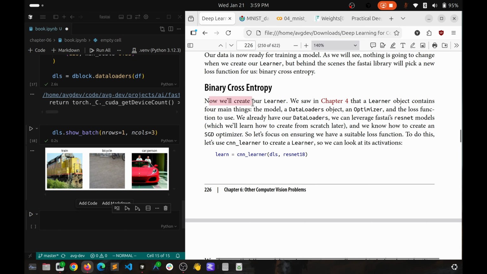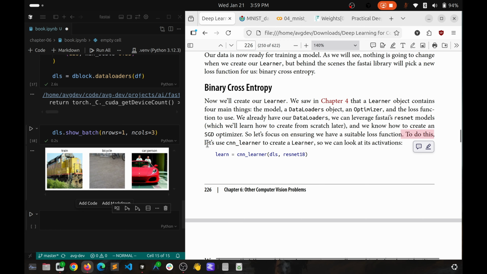Now we'll create our learner. We saw in chapter 4 that a learner object contains four main things: the model, a data loaders object, an optimizer, and the loss function to use. We already have our data loaders. We can leverage fastai's ResNet models, which we'll learn how to create from scratch later, and we know how to create an SGD optimizer. So let's focus on ensuring we have a suitable loss function.